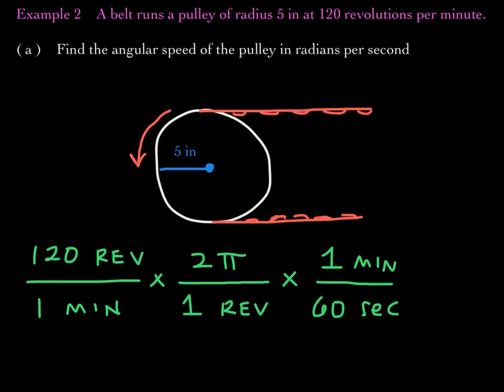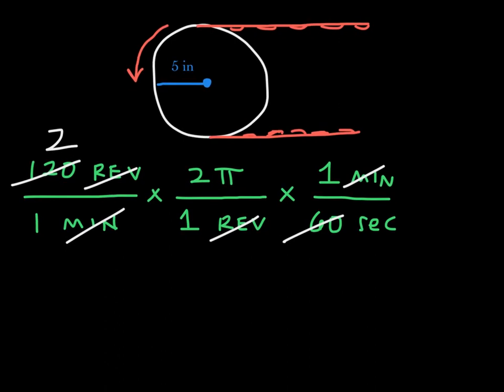All right, let's start dividing out, everybody. So revolution and revolution are divided out. Minutes and minutes are divided out. And what do you want to do here? How about 60 goes into 120 exactly twice? So when you multiply what's left over, you can see that you're left with 2 times 2 pi, which is 4 pi radians per second.